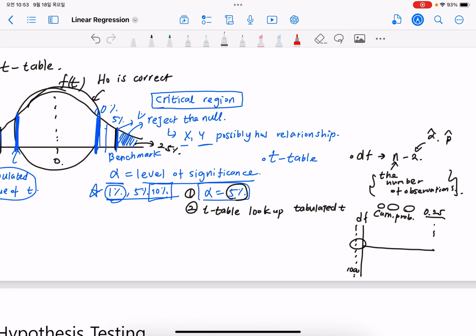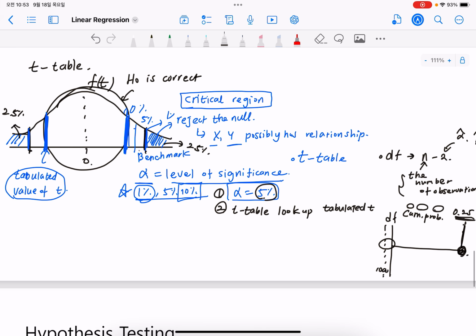And given some kind of degrees of freedom and 0.25, you can look up the number. And that's going to be the number that you will plug in here and here. Because it's symmetric, if this is like 1.69, then this is also going to be minus 1.69, something like that, right? It's symmetric.